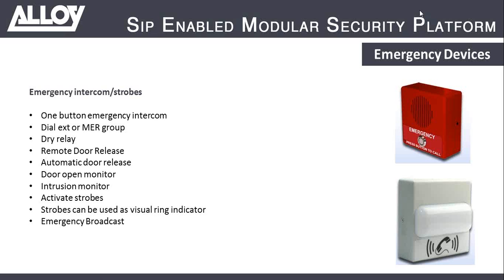And again, we have the ability to activate the CyberData strobes from this point. Now, these strobes might be used in an emergency environment. They might be used in a loud environment, such as a warehouse, to indicate just incoming calls. And we have some emergency broadcast functions from these units as well, because they're obviously two-way SIP communication devices.